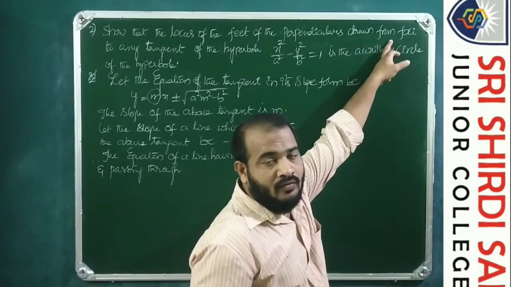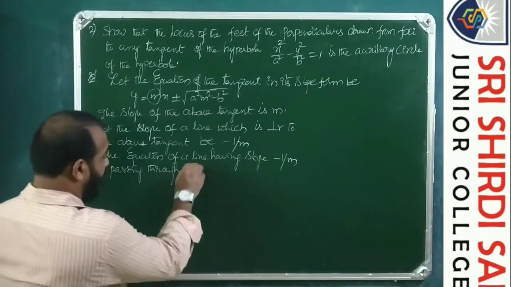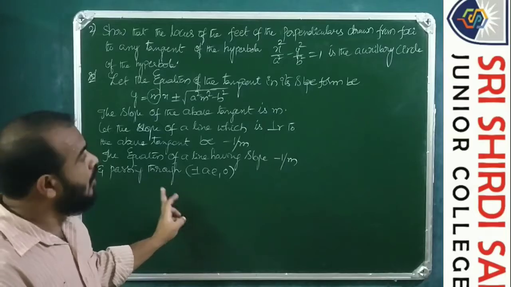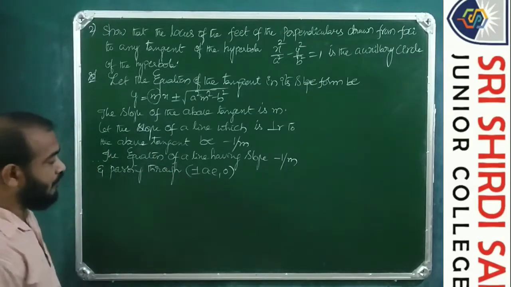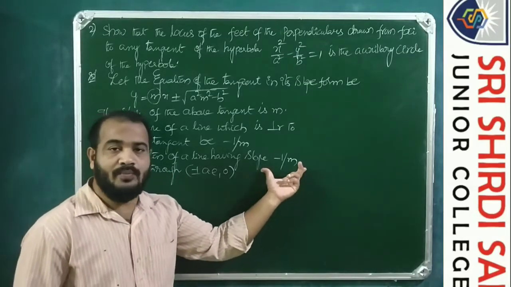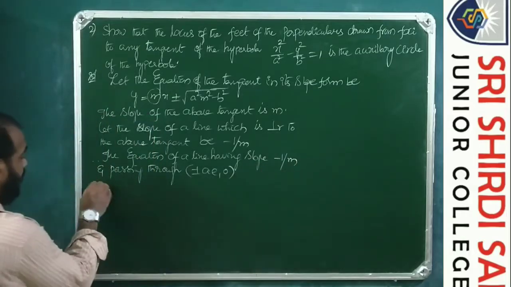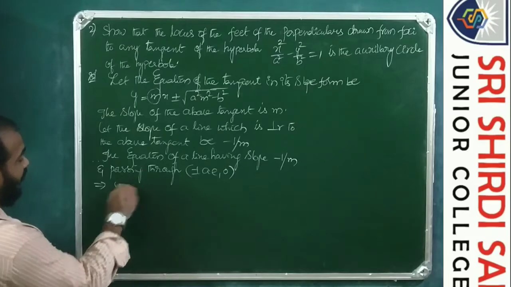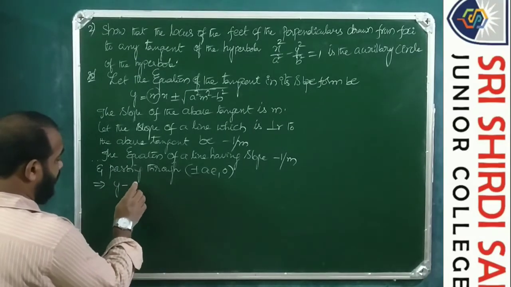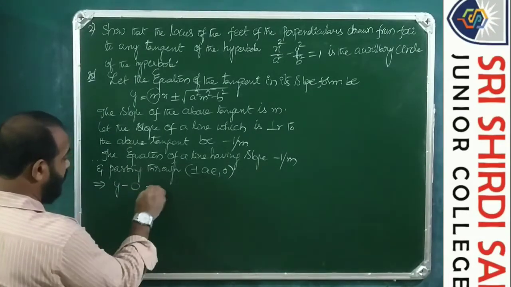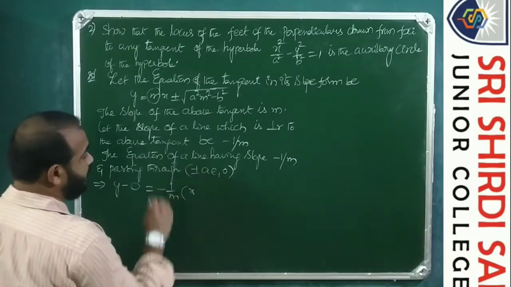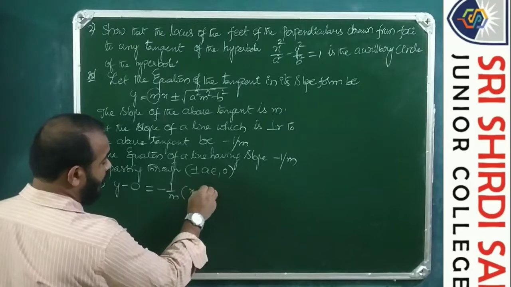What are the foci? Plus or minus ae, 0. So these are the foci of the hyperbola. We have the point and the slope, so by point-slope form, y minus 0 equals minus 1 by m into x minus (minus ae).